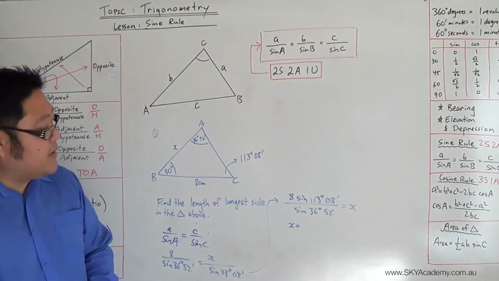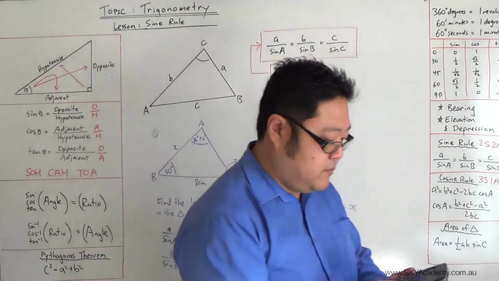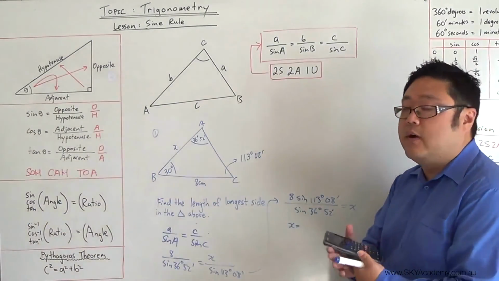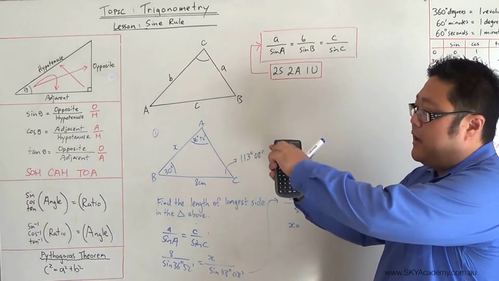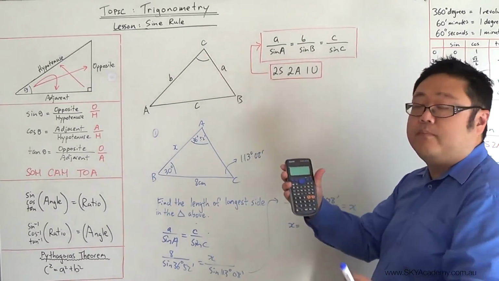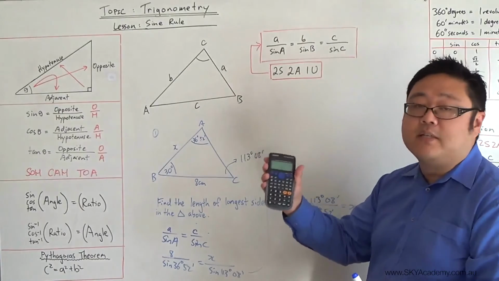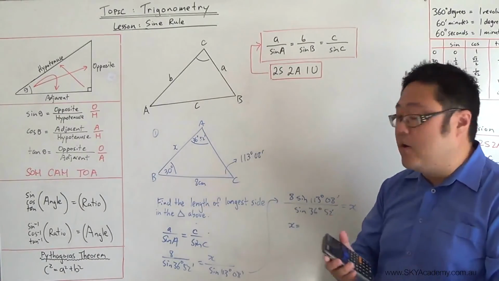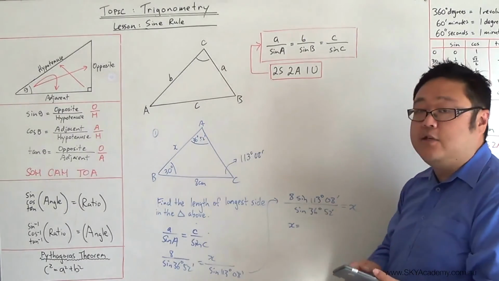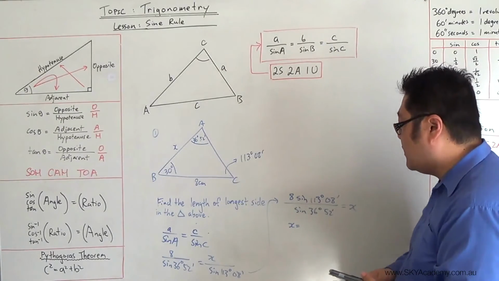Let's work that out on the calculator. I use the FX82AU Casio, and I think this one's probably the best one on the market, so if you are looking for a calculator to use, I recommend this calculator.